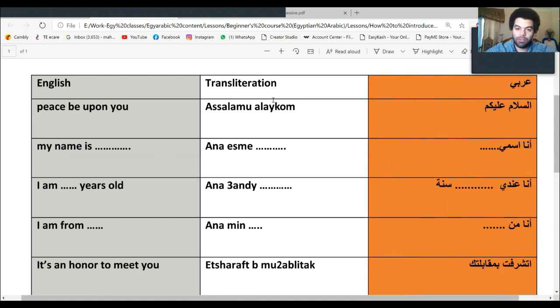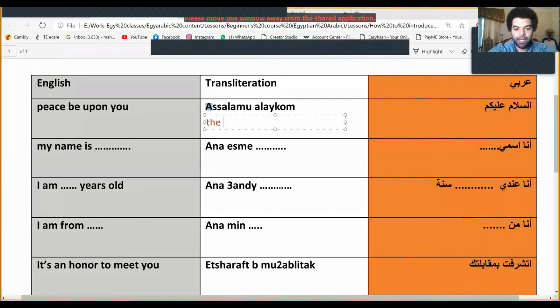Assalamu alaikum. This is the basic greeting in any Arab-speaking country, or basically to any Muslim person, or even non-Muslim. It's okay. So, what does that mean exactly? When we say al here, in the beginning like that, this means the, okay? The. And salam means peace.